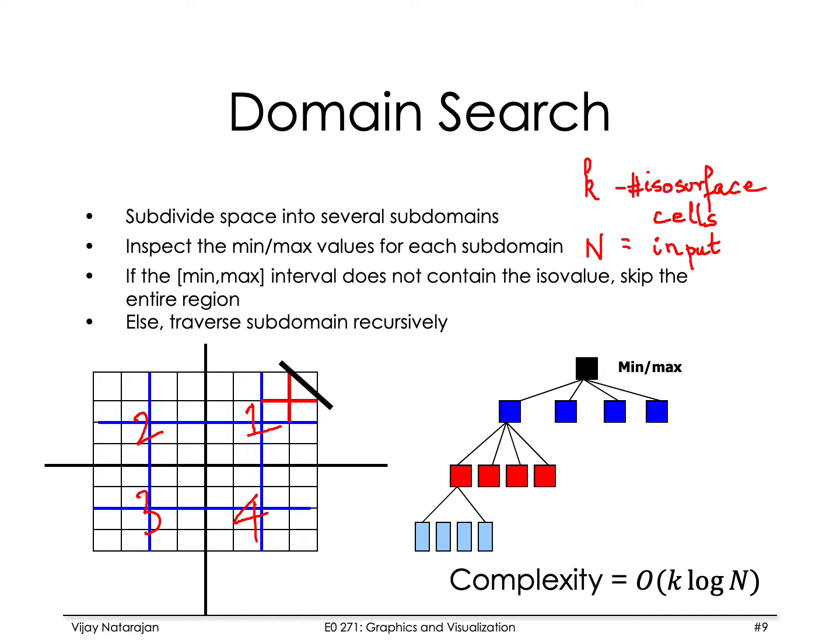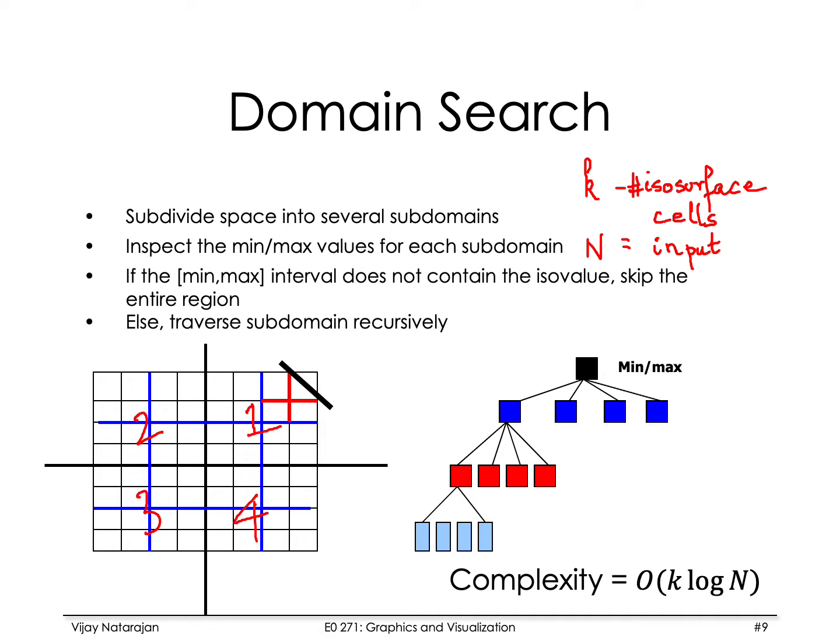To identify each cell, so each one of the k cells that contain the isosurface, I would have to traverse the depth of this tree, which could be log n.